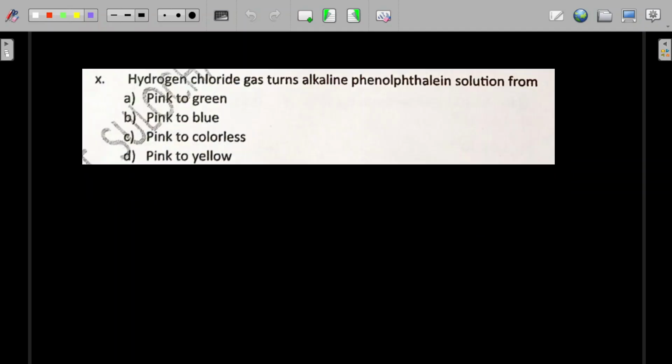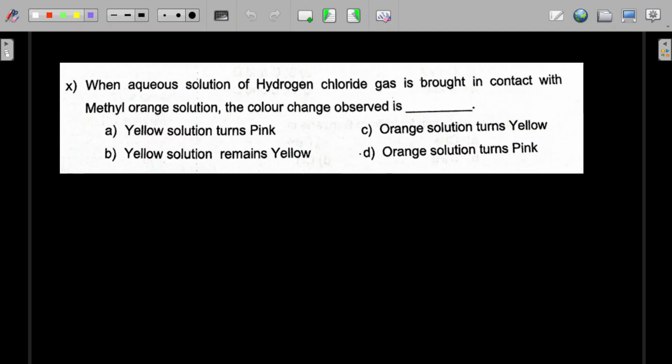Hydrogen chloride gas turns alkaline phenolphthalein solution. This one I have explained during acids, bases and salts. Darshwana, tell me what is the color change for alkaline phenolphthalein? Yes, sir, pink to colorless. Yes.